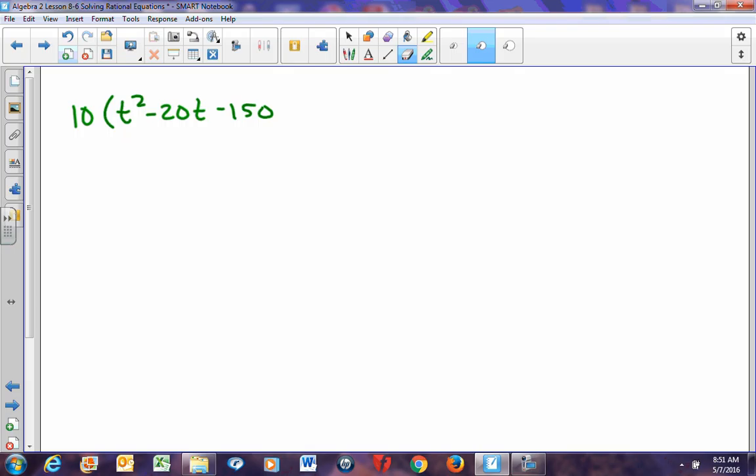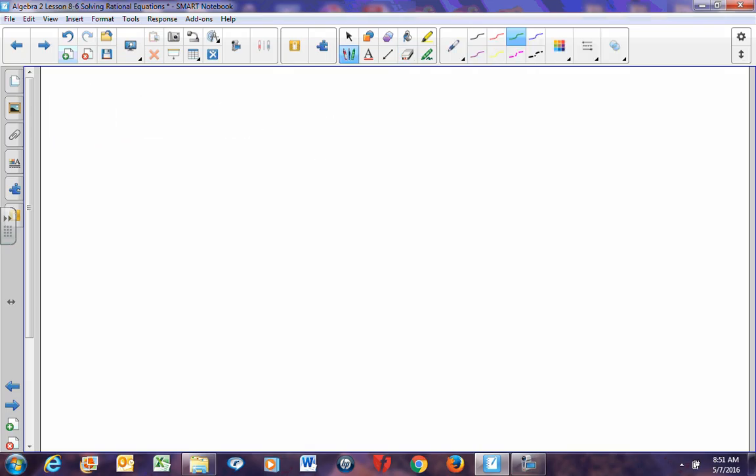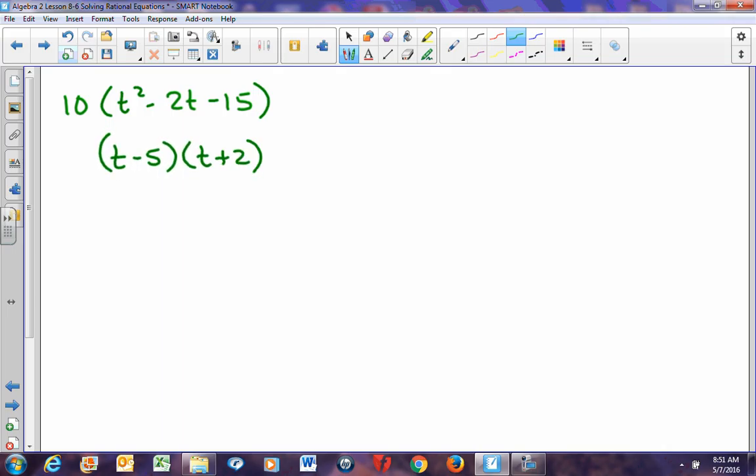We have 10 parentheses t squared minus 2t minus 15, which we factored to t minus 5 times t plus 3, which we solved to t equals 5 or t equals negative 3. I'm having a hard time today.